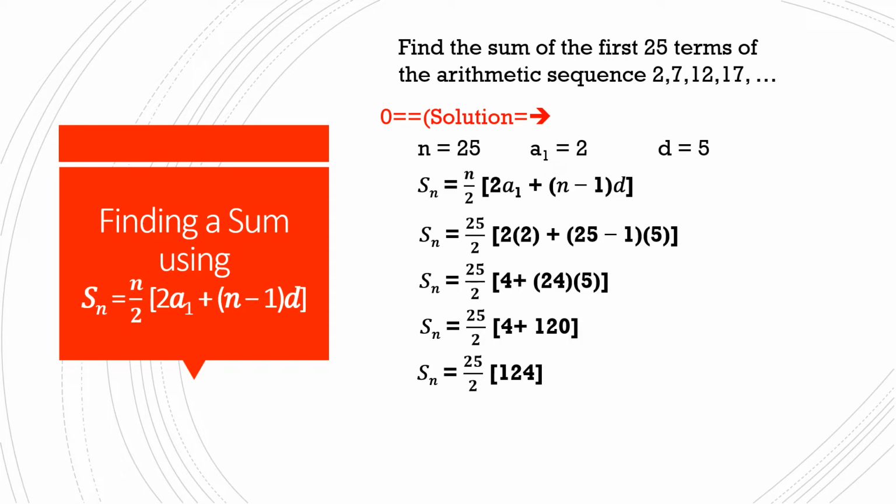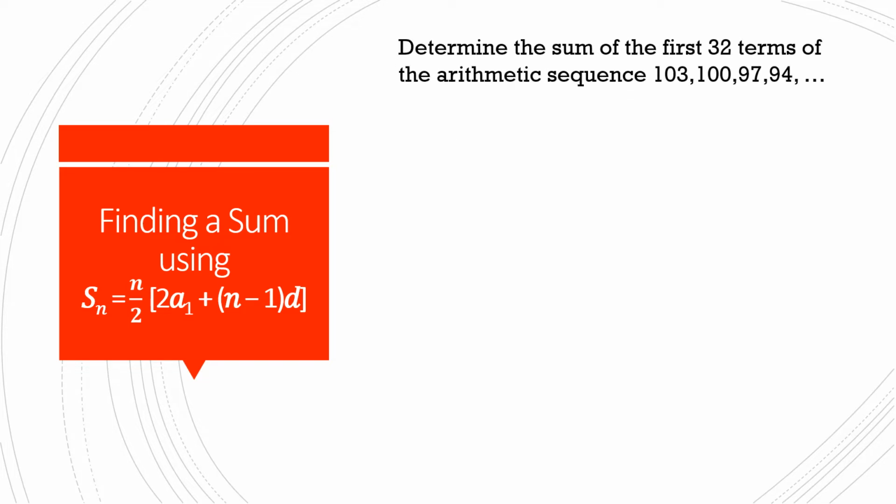So 124 divided by 2 is 62. Then get the product of 25 and 62. The answer will be 1550. Therefore, if we are going to add this sequence 2, 7, 12, 17 up to the 25th term, their sum is 1550.